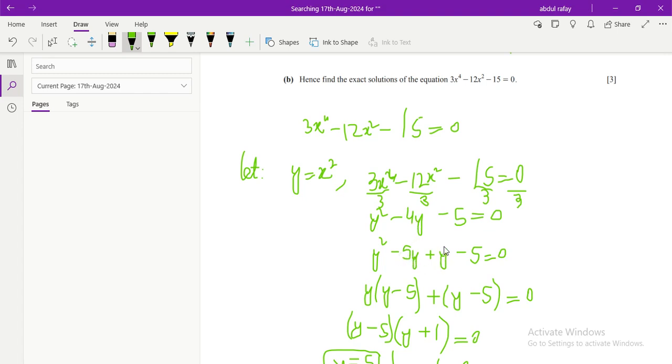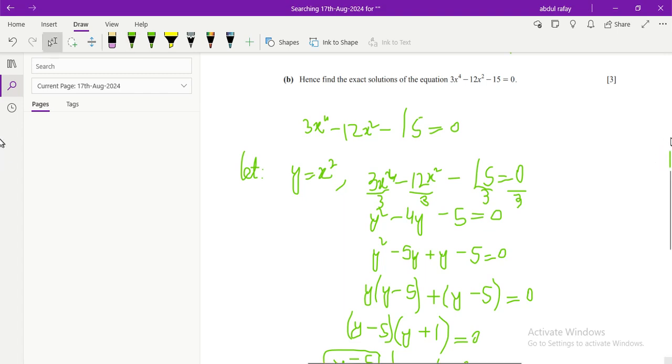I have chosen these numbers so that they give the perfect result. If you multiply the coefficients, minus 5 multiplied with 1, you get minus 5, and when you add these two terms, you get minus 4. Now here you have y common, so I have taken y common, and then y minus 5, and here we have the positive sign, and there is nothing common, so I can just rewrite y minus 5.